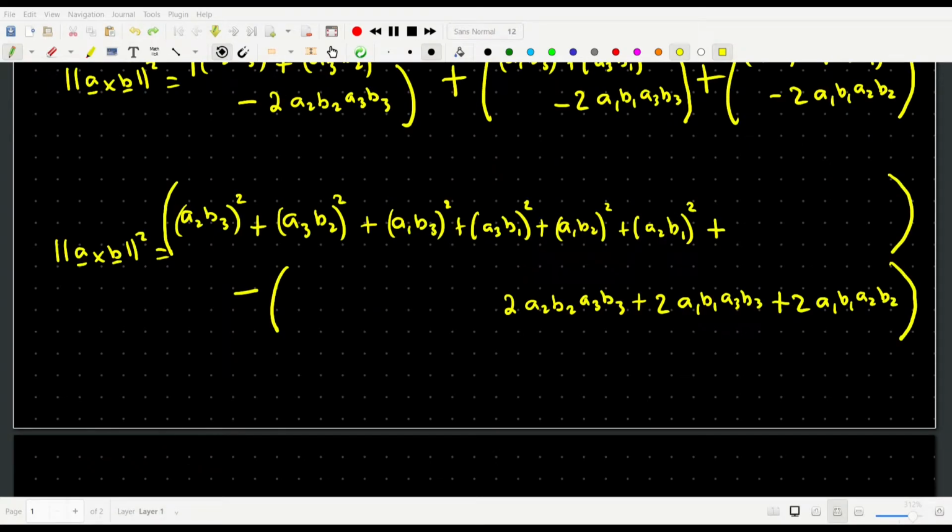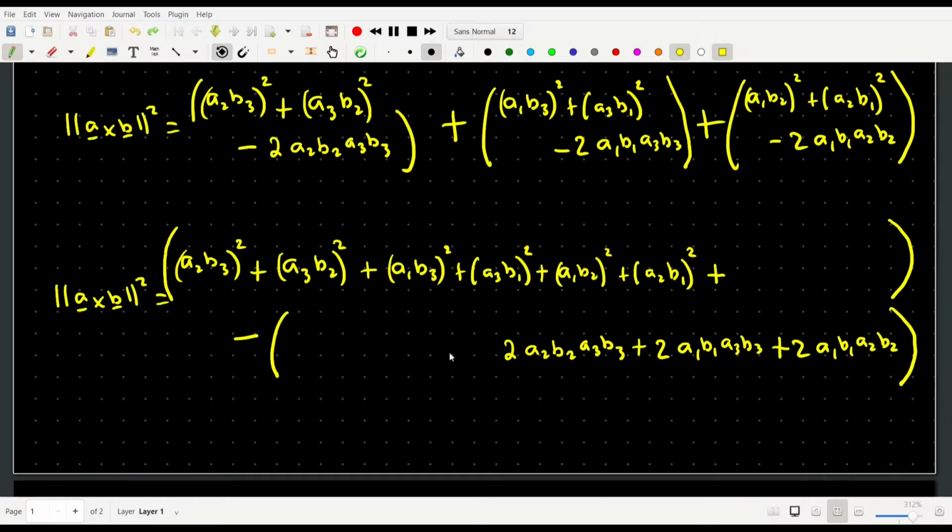And the mathematical trick here is going to be adding and subtracting 0 from this expression in a very nice way. Specifically, if you notice that you have the pair a2 squared, b3 squared, a3 squared, b2 squared, and so on and so forth. But we have all the separate pairs of numbers for a and b. What we don't have is a1 squared, b1 squared.